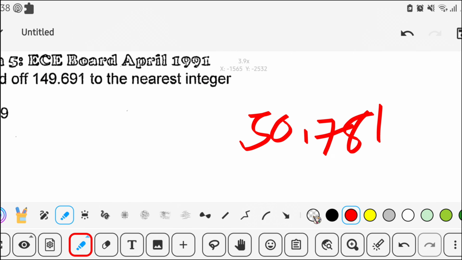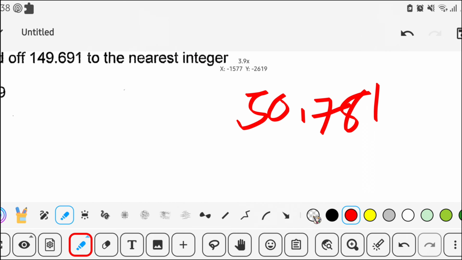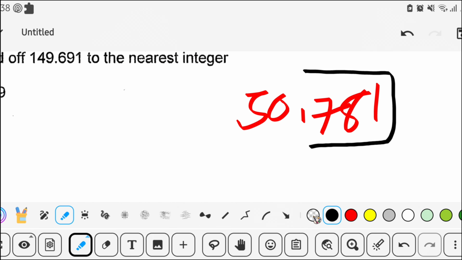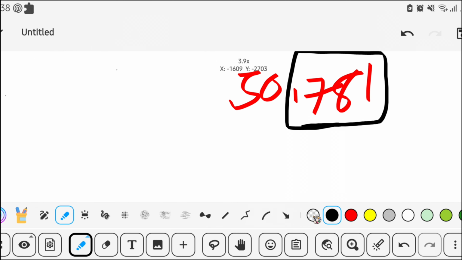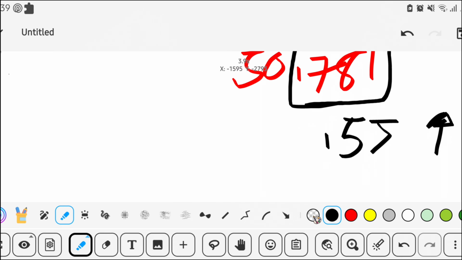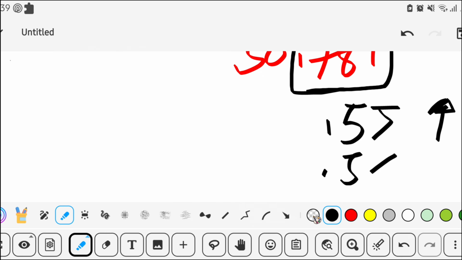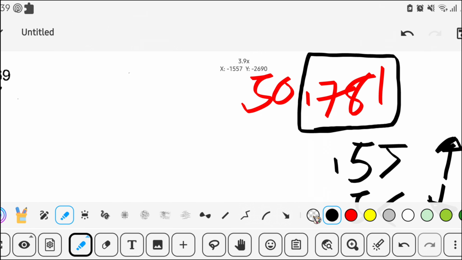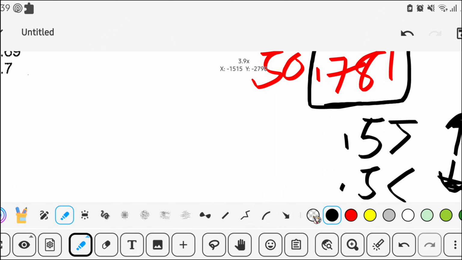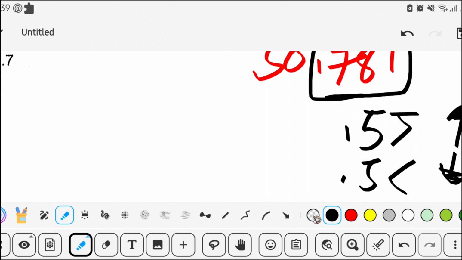For the rules for rounding off to the nearest integer, if the decimal part is greater than or equal to 0.5, it will be rounded up. If it is less than 0.5, it will be rounded down. Since 0.781 is greater than 0.5, the answer will be 51.